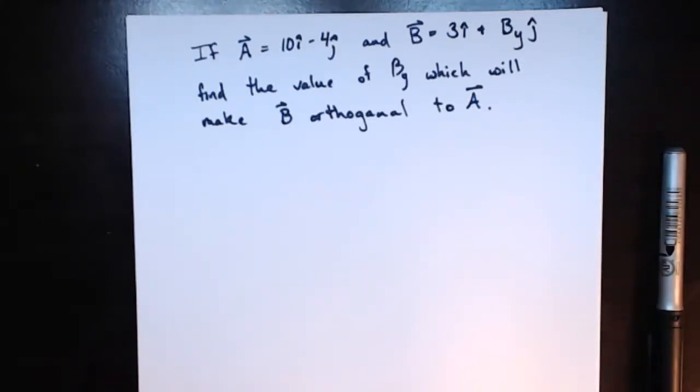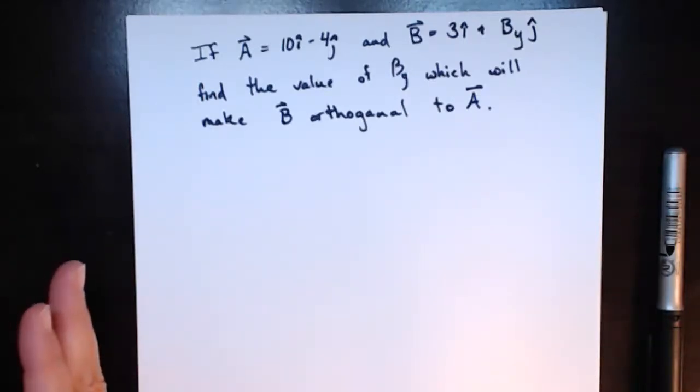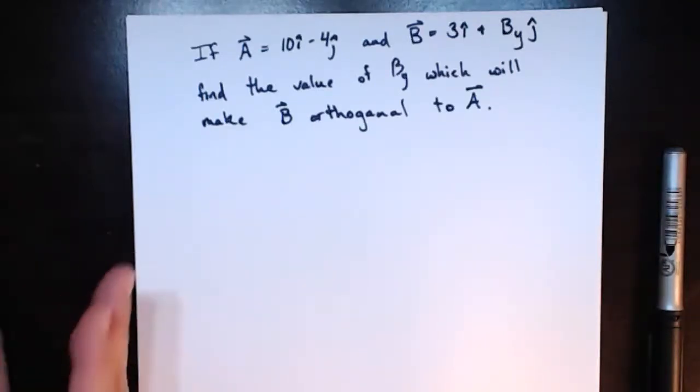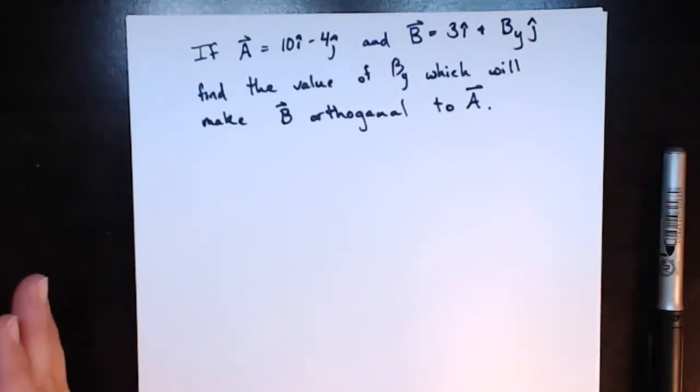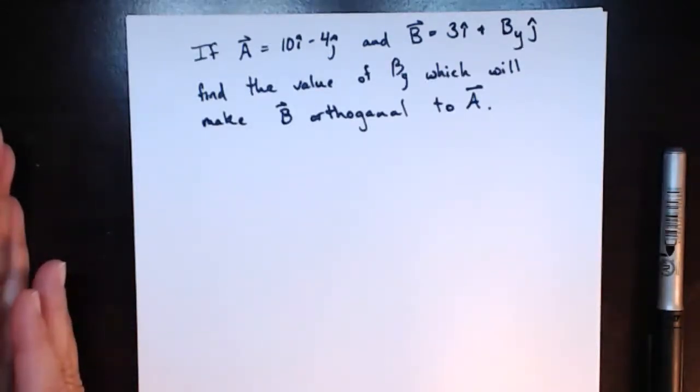So what can we use to figure this out? Now we could draw it out, we could try to figure it out, but we have a really useful tool for orthogonality, which you may or may not have realized, and that is the dot product. Remember, the dot product is the multiplication of one vector with another such that, say, the first vector, the portion of it in the direction of the other vector is what's actually multiplied. So that means if they're parallel, it'll be just a multiplication of the two vectors' magnitudes.